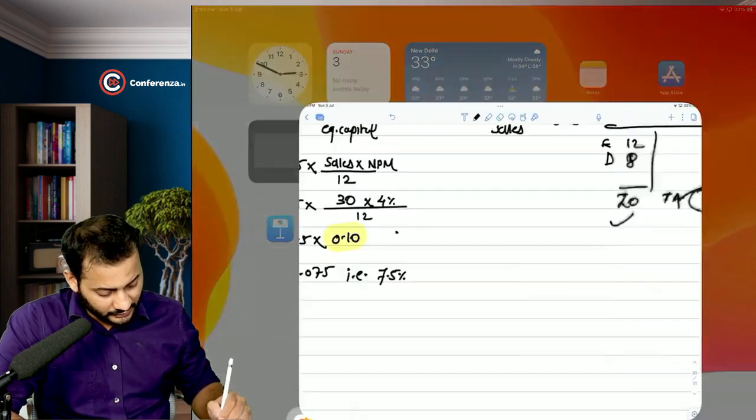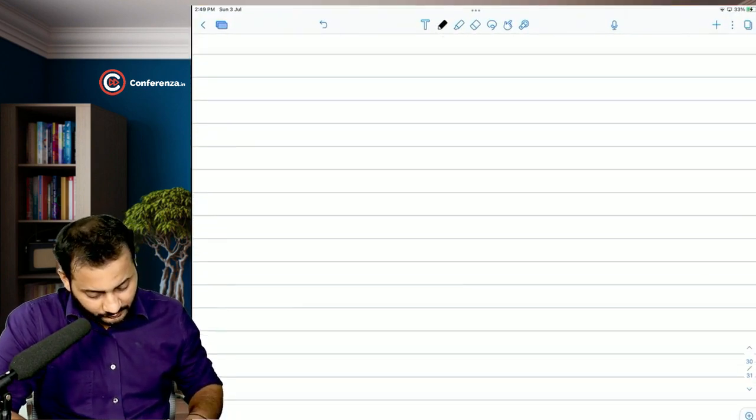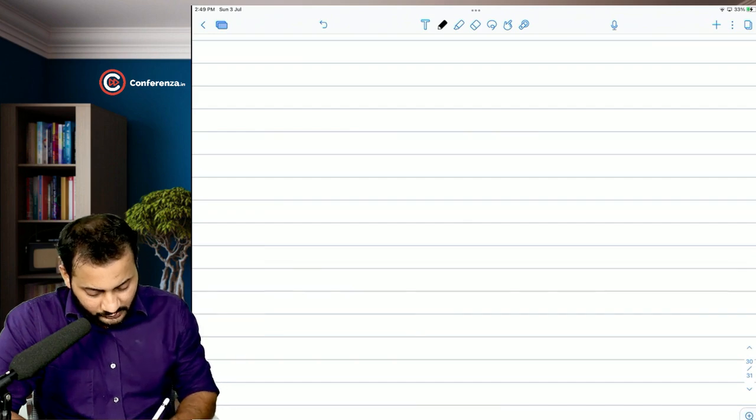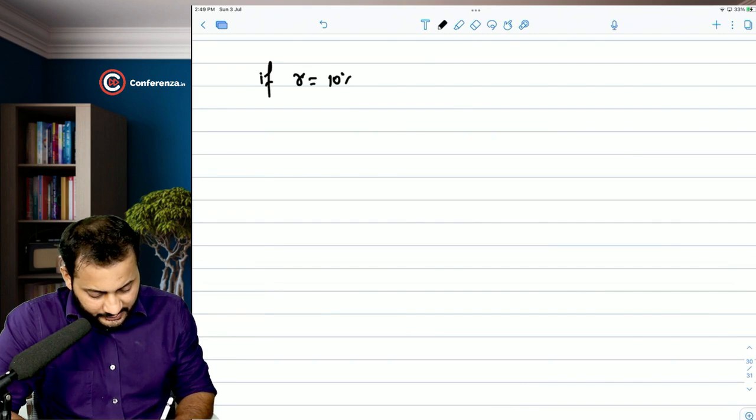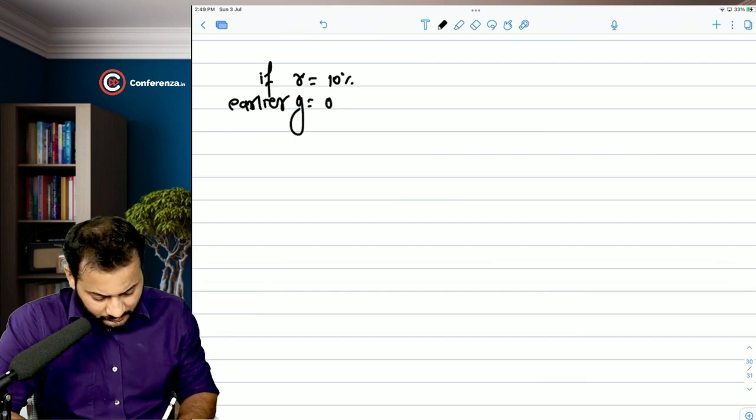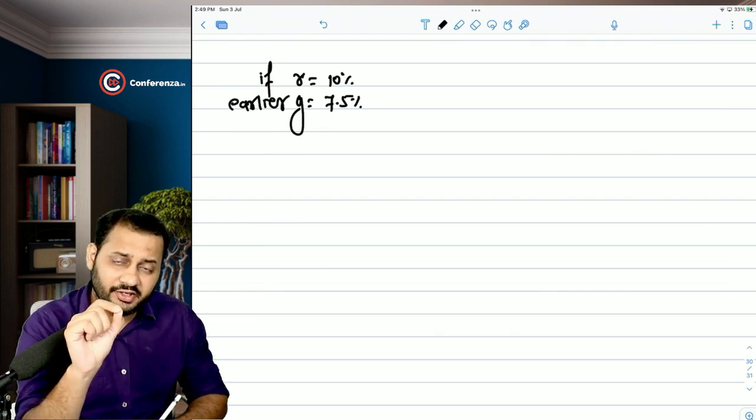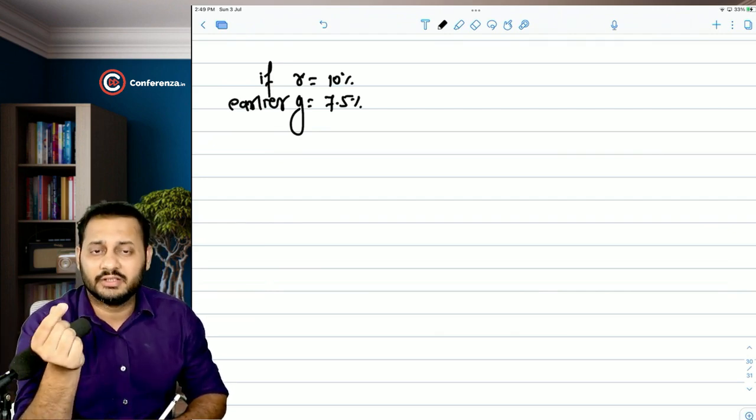So see how we can do that. If return on equity is 10% and the earlier growth rate was 0.075, or we can say 7.5%, then we can calculate what the retention ratio was previously.